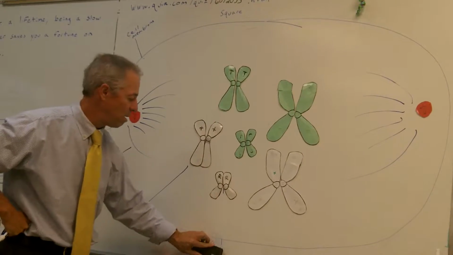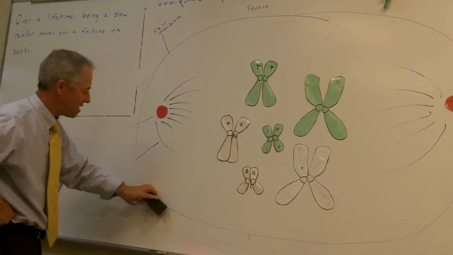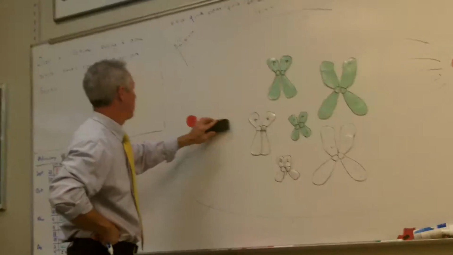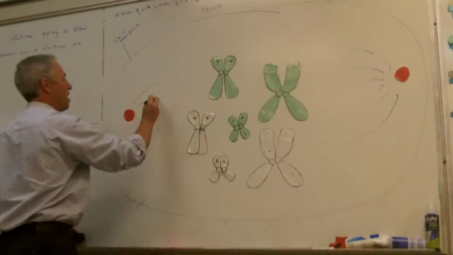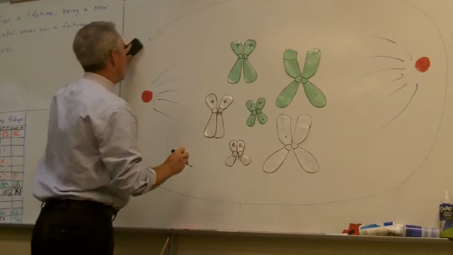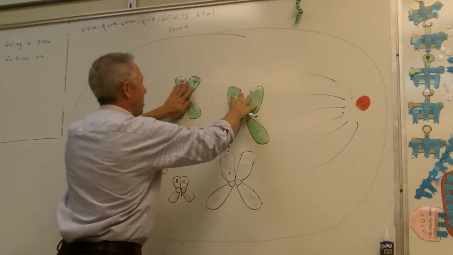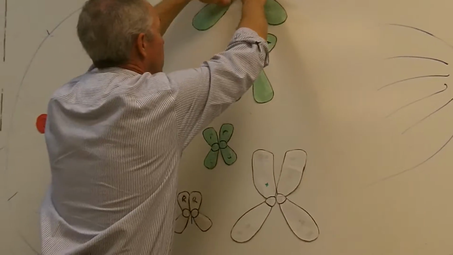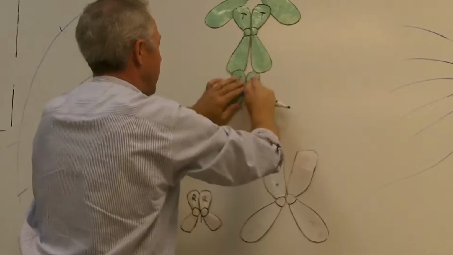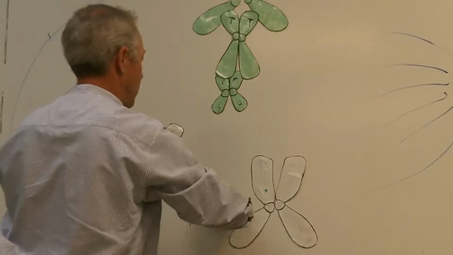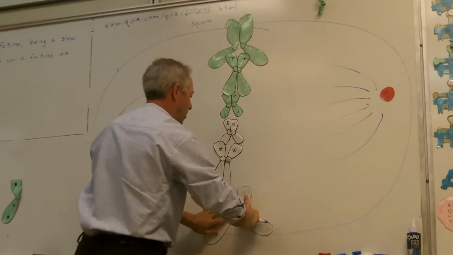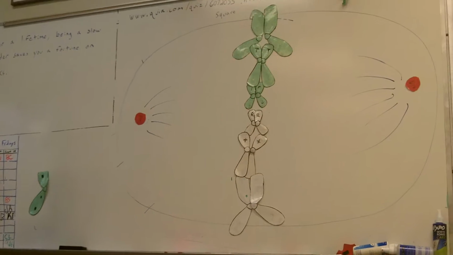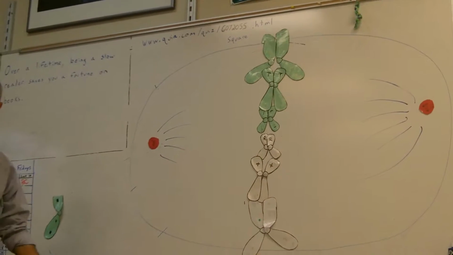Okay. What happens in metaphase? That's the next phase. The chromosomes line up in the middle in metaphase. Draw that, label it again.